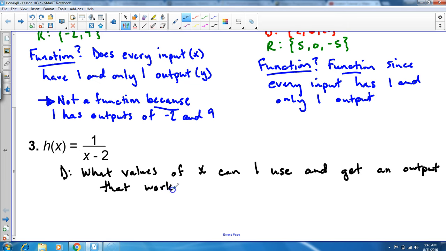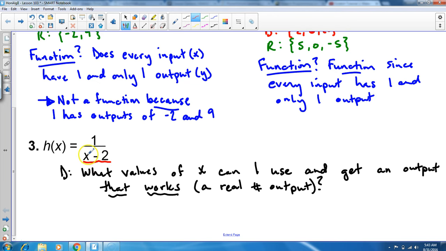And this is not a technical definition. Instead of that works, we're really talking about a real number output. Okay? So we're looking at what values can I plug into this and get something out of it, have this function h of x spit out something that works. And in this case, what I really want to draw your attention to is the denominator.